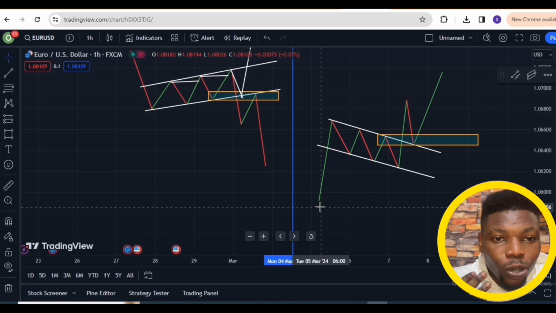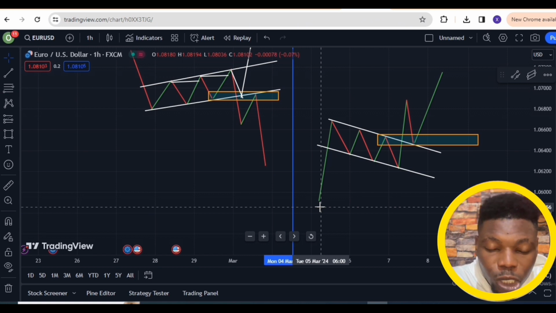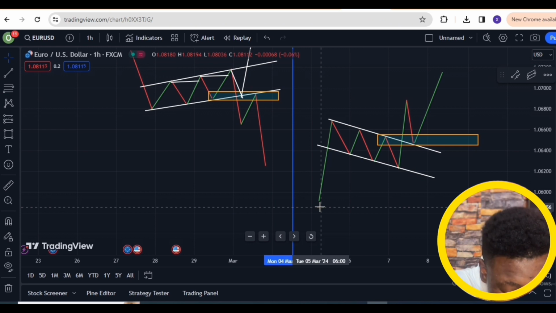The market can't just be going up and going up. It needs to come back and take liquidity. What is liquidity? It needs to induce people. It needs to deceive some traders and convince them that, for example, in this market where we have an uptrend, we are on a downtrend. You get the psychology, guys?